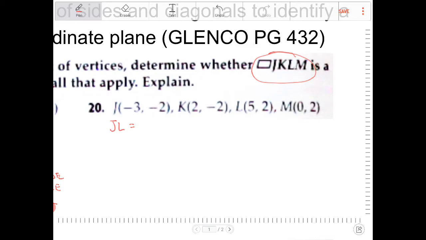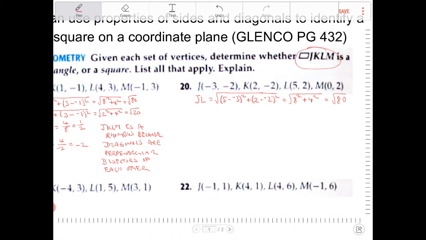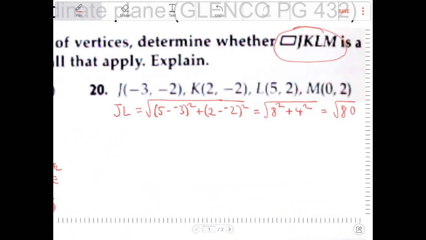JL is equal to the square root of 5 minus negative 3 squared plus 2 minus negative 2 squared. If I perform the computation, this becomes 8 squared plus 4 squared, which is 64 plus 16. So again, that's the square root of 80. It's very similar, but they're different coordinates from the last problem.